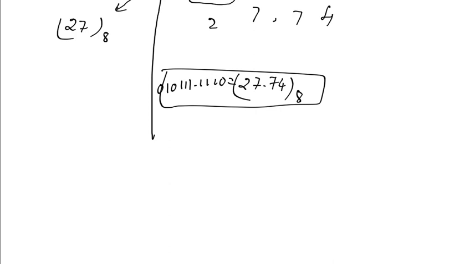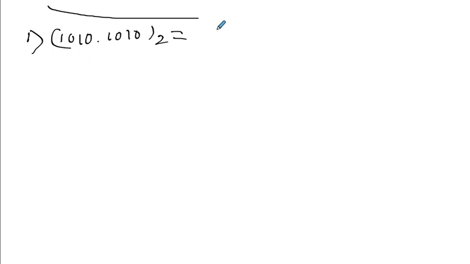Take a binary number. I hope you are watching this video; if you have any confusion, you can rewind and watch it again. Say the binary number is 1010.1010. Write the heading binary to octal conversion, and convert it into its equivalent octal. That is your work.